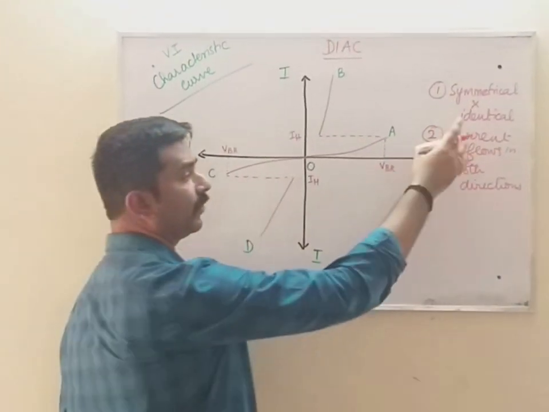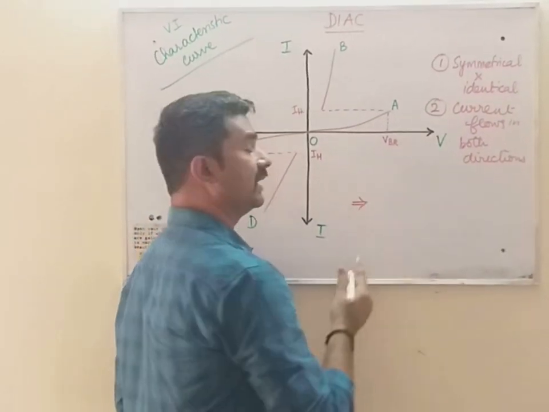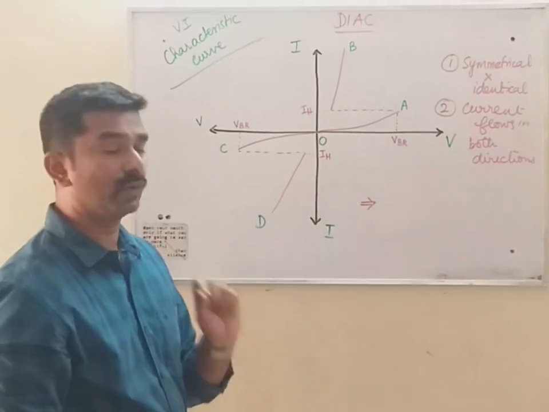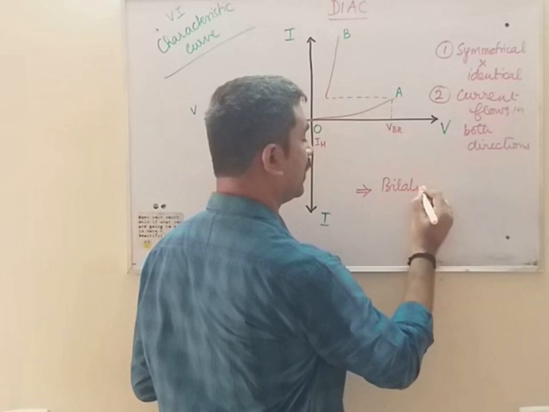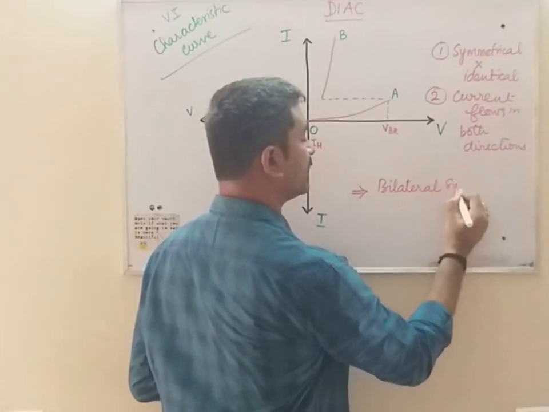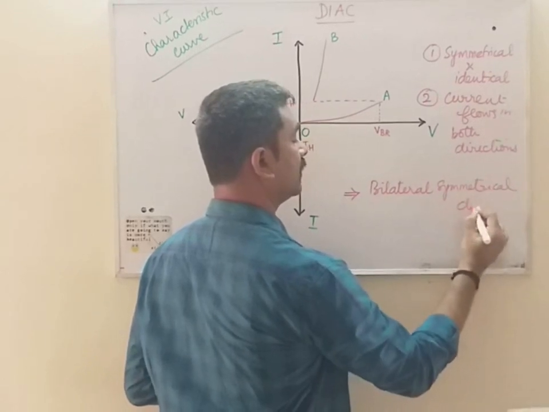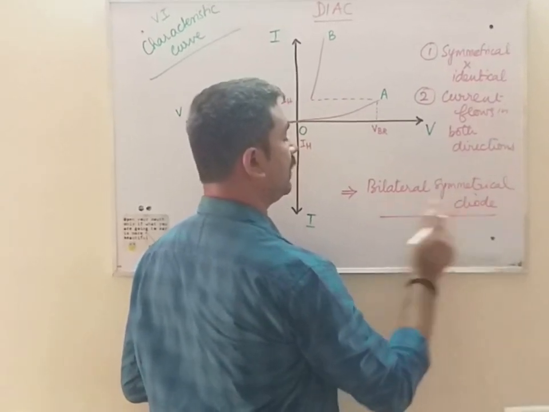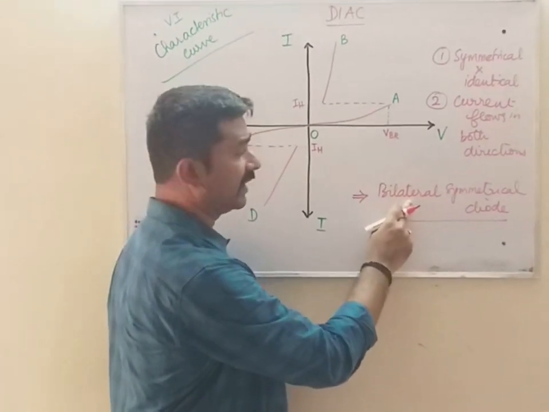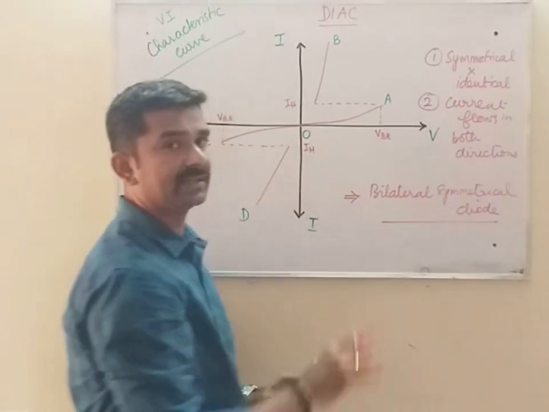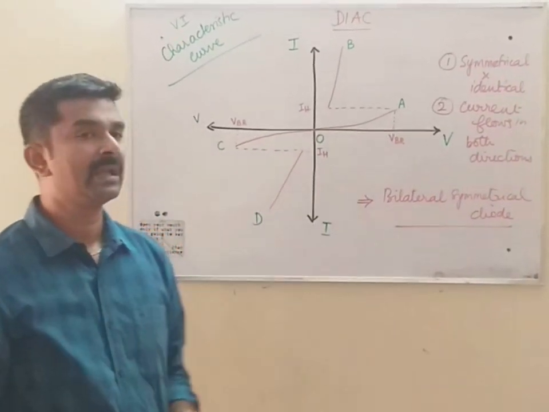So the current flows in both the directions, and so a diac could be said to be a bilateral symmetrical diode. So you can name it bilateral, two direction. It can conduct current in two directions, and the curves are going to be symmetrical, and that's why this is called a bilateral symmetrical diode.